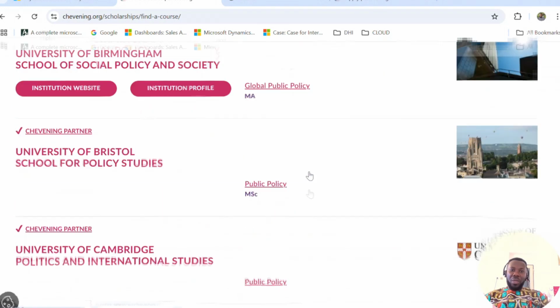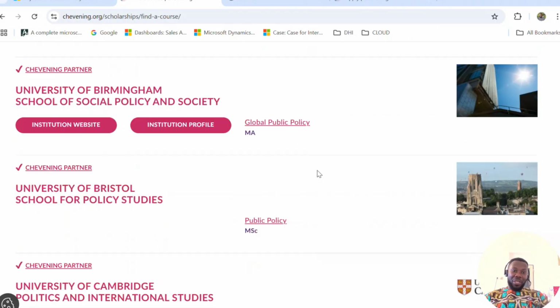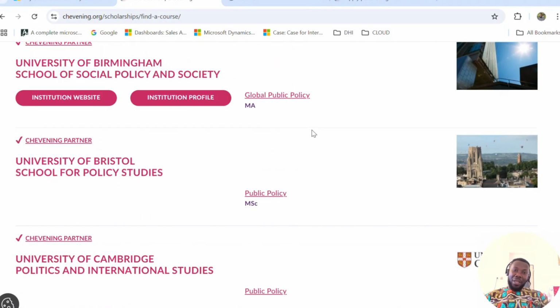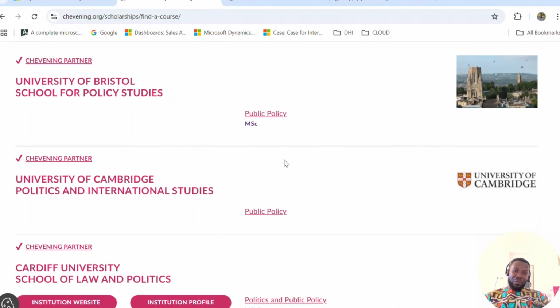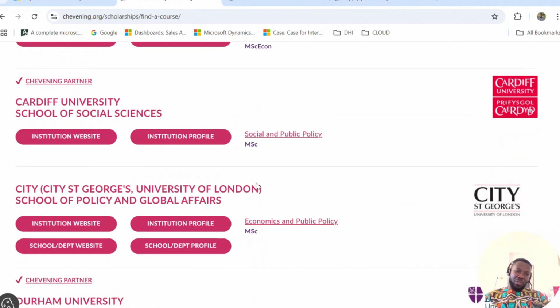So here I would go for, well, Birmingham is also a great university. Bristol is also a great university. Just that compared to Cambridge, probably I would go for either of these ones. But let's go through and see.